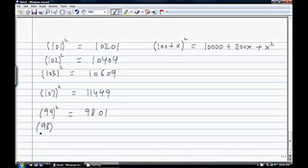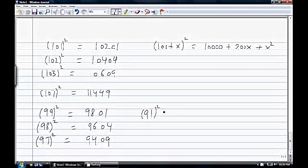Similarly 98 square will be 9604, and 97 square is equal to 3 2s are 6, so 94 and 09. So I can go until 91.